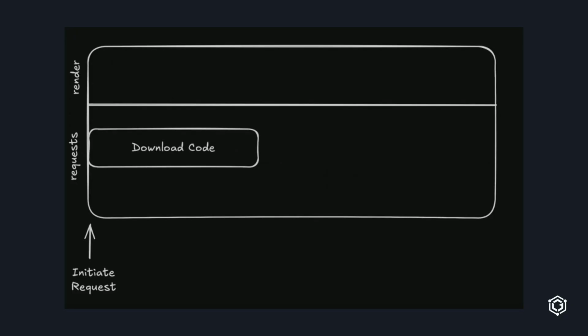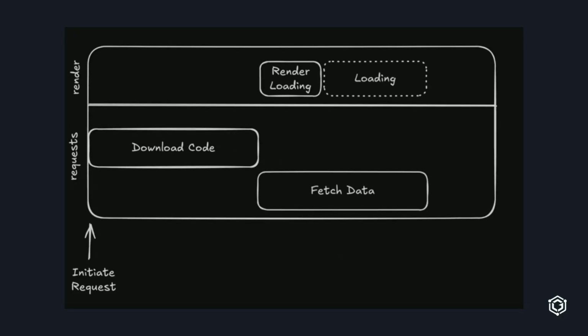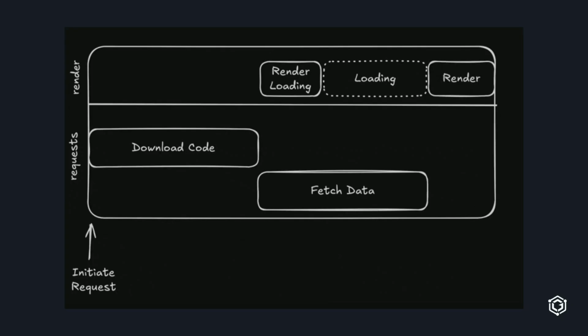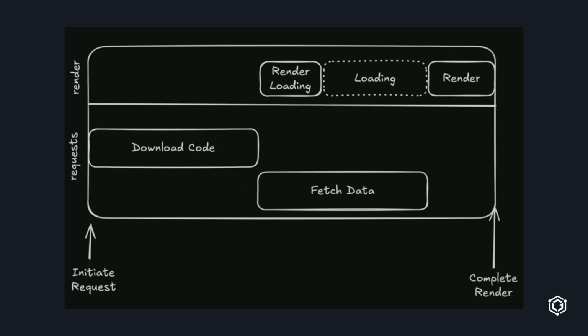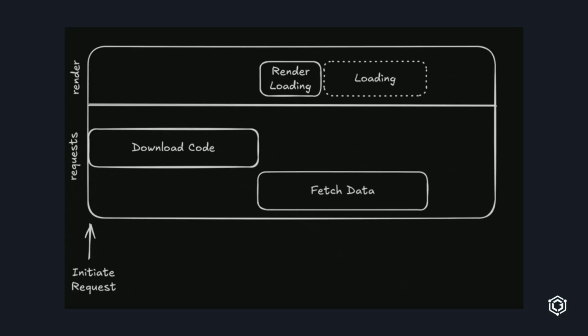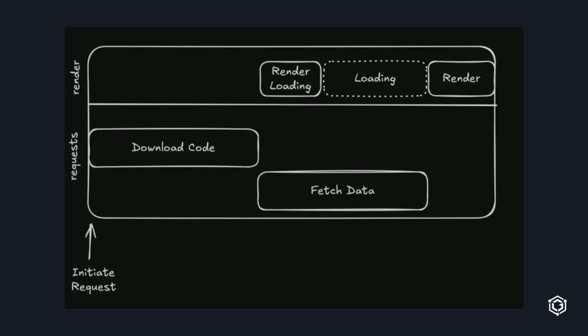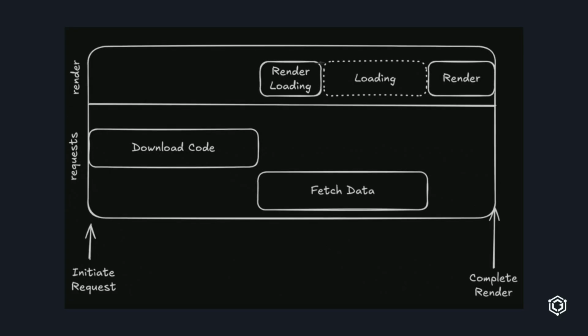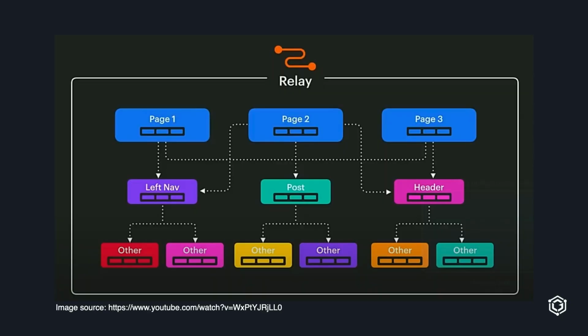So let's look into how traditional data fetching works. You initiate a request, it downloads the code, it takes some time to render that, and then it fetches some data. And once the data comes back, you actually render the page, and that's where the full page is rendered for you. But with Relay, we know all this information ahead of time.